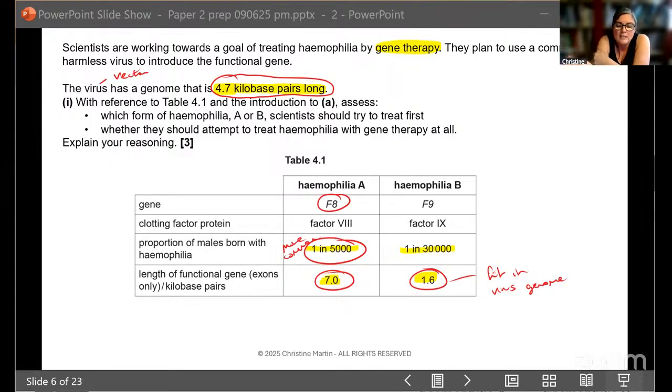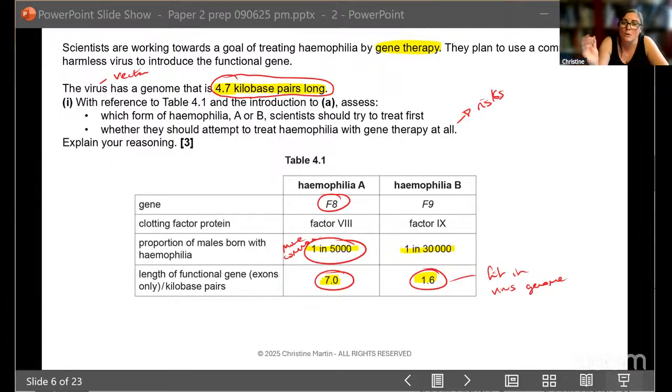Should we treat it at all? Well, what are the risks? Have they told us anything about the risks? Well, they haven't told us anything about the risks. So that's something we need to consider before we say yes or no. Well, what are the risks one way and what are the risks the other way? So actually, it could be an argument for and it could be an argument against.